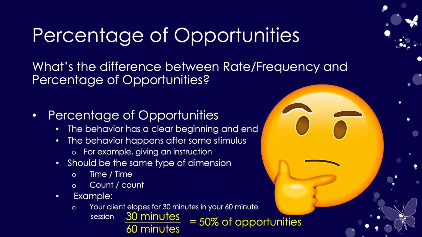Percentage of opportunities also differs from rate/frequency because rate/frequency uses count over time, but percentage of opportunities uses the same dimensional quantities like time and time or count and count. For example, your client elopes for 30 minutes in your 60-minute session, which tells you that your client was engaged in elopement for 50% of the opportunities.